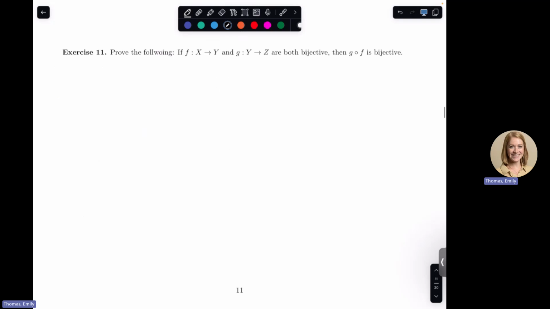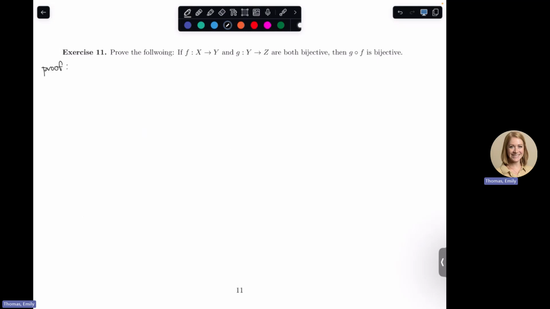All right. Number 11. There is not enough space here for this, but that's fine. We're going to do our best. If f and g are both bijective, then g of f is bijective. This makes sense, but let's prove it. I'm just going to prove it because I don't have space to do scratch work. Is that okay? How do you prove something is bijective or that it is a bijection?